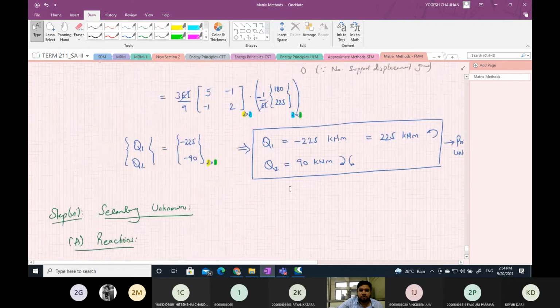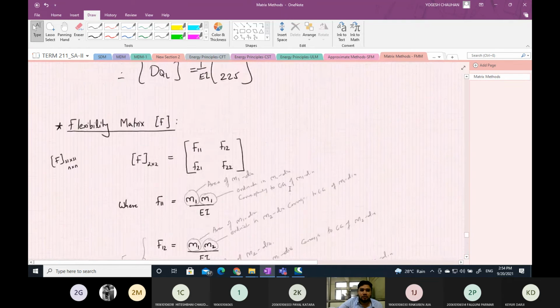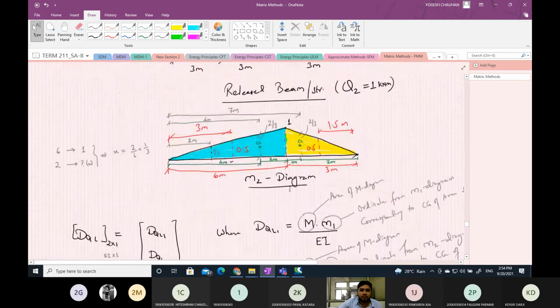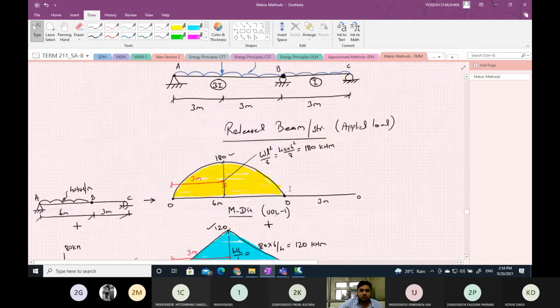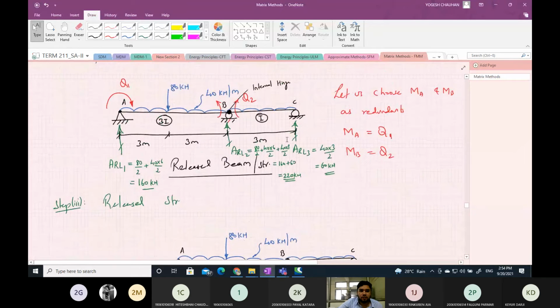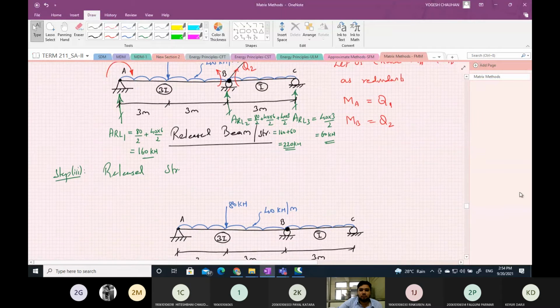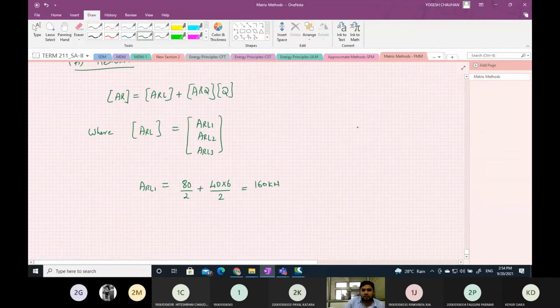Note that here we have provided an internal hinge. So these two segments are two separate ones. So you can analyze this like this. Let us say this first part and this second part, and it is loaded with a UDL and a point load at the center in the first segment.